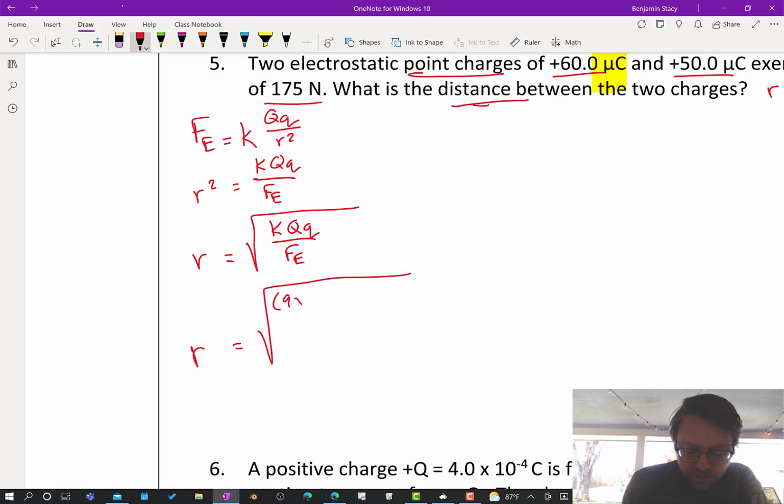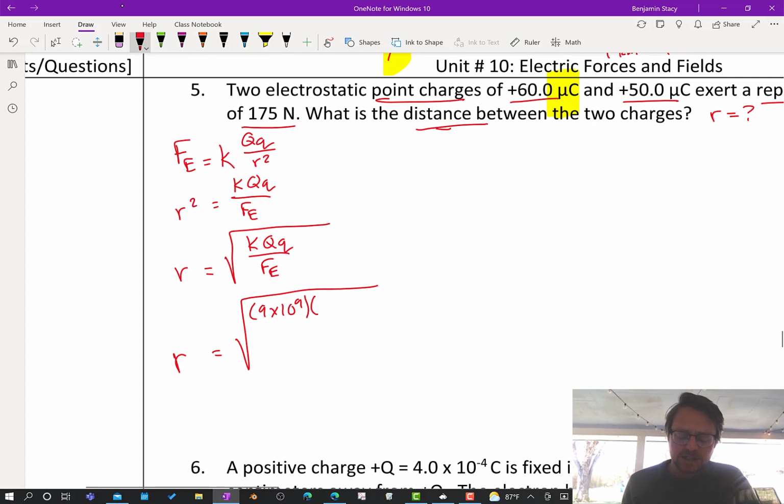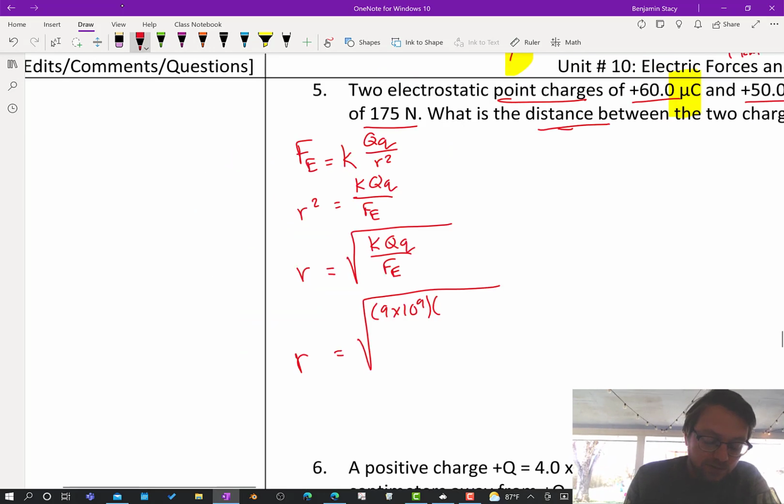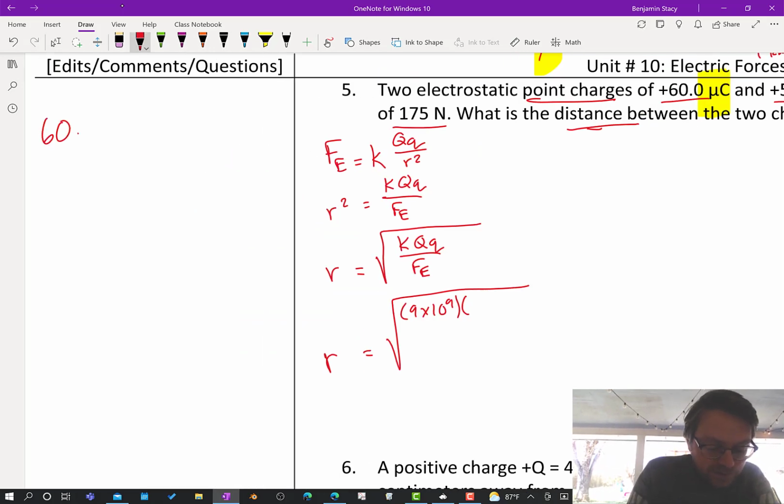I've got 9 times 10 to the 9. One of my charges is 60 microcoulombs. Put it over here in the margin, just so we see it: 60 mu c, or microcoulombs, means 60, just keep whatever number's there, and then times 10 to the minus 6 coulombs.